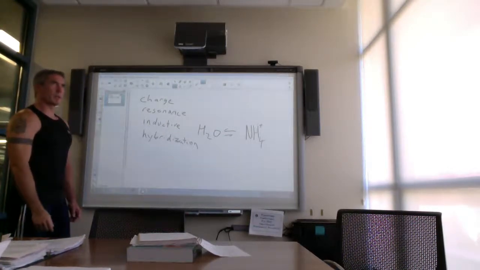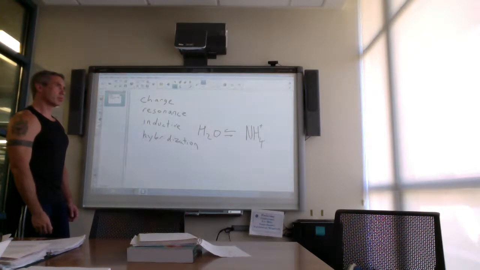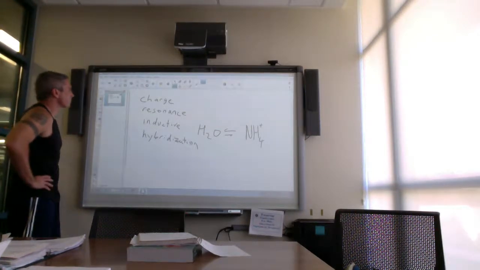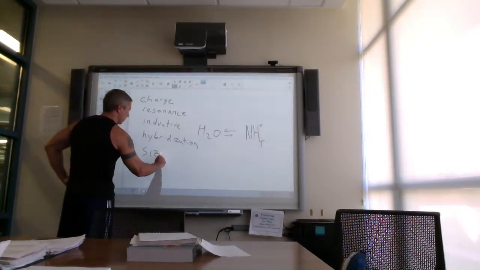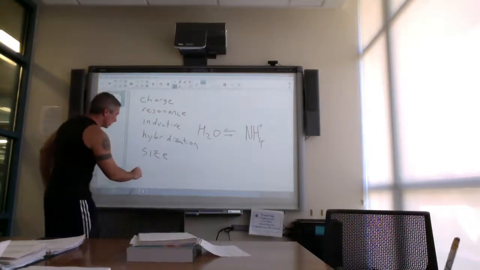What else have we got? Hybridization, charge, resonance. Those are the big ones. Size, electronegativity. Size and electronegativity will typically be column or row issues. Okay.